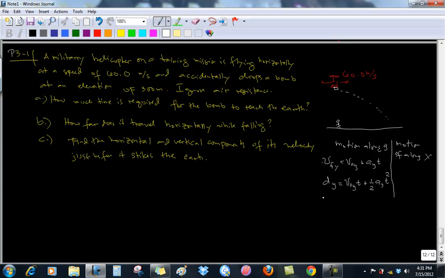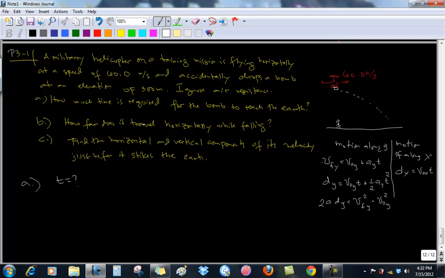Also, I usually write 2 Ay times dy is equal to V final y squared minus Voy squared. For along x, what I write is only this one: dx is equal to Vox times time.